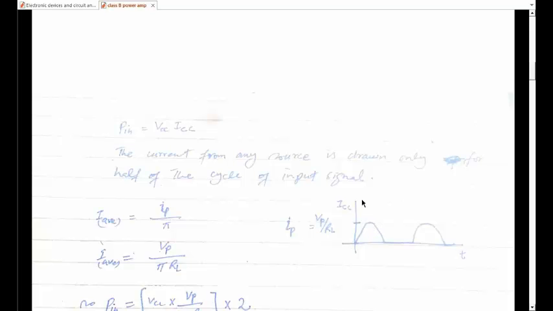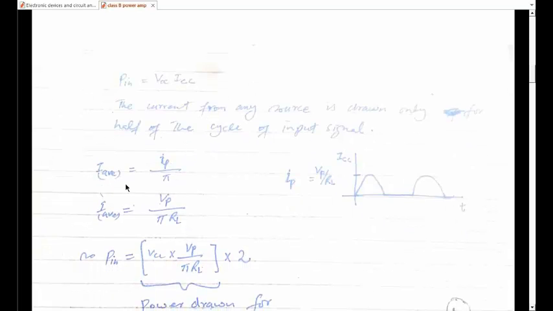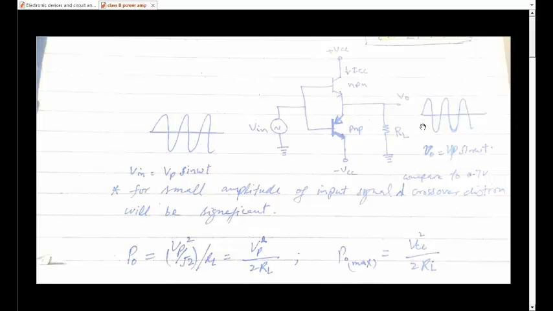So you will get a collector current, or current from the positive supply, as ICC, and it would be a half wave signal, and its average value would be given by peak value divided by pi. The peak value I peak would be equal to V peak divided by RL, the peak value of the voltage Vp divided by the load resistance.